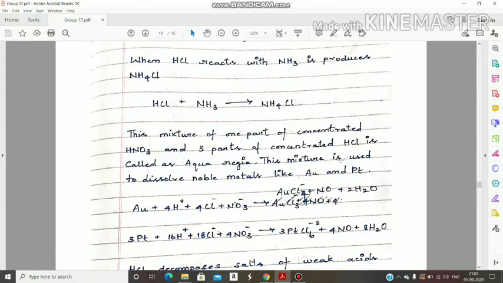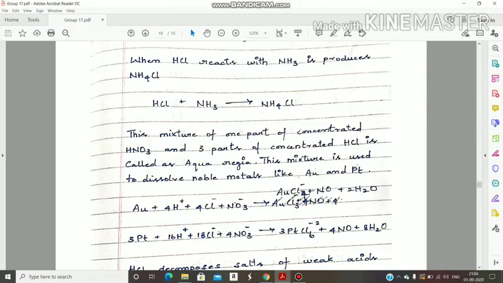This mixture is used to dissolve noble metals like gold and platinum. Already we discussed this point in group 15 elements. Here one important question is there, that is, what is aqua regia? What is the definition? A mixture of one part of HNO3 and 3 parts of concentrated HCl is called aqua regia.